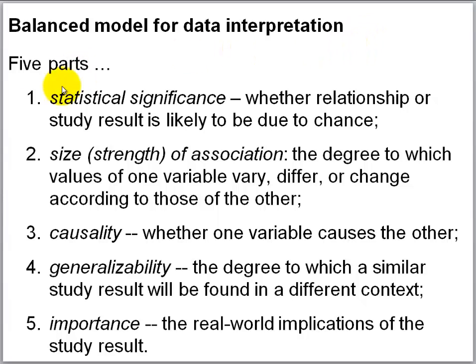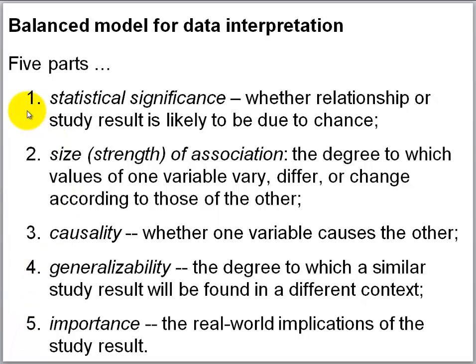In particular, what happens in data misinterpretation is that students read that a result is statistically significant. And based on that, they conclude that the result is a strong one, that the result is a causal one, that it's generalizable to many different settings, and that it's important.